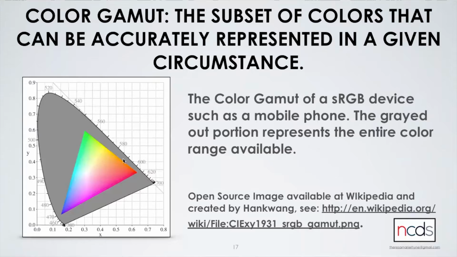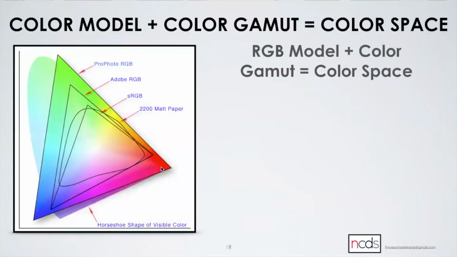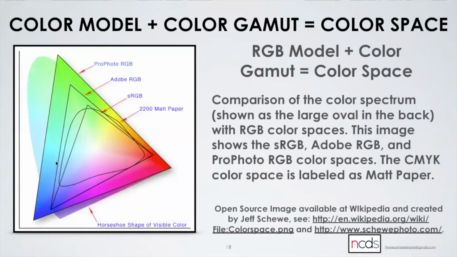And you can see this triangle represents what is called sRGB device space on a mobile phone. So we can look at several RGB spaces. Matte paper right in here would be the CMYK printing paper, and you see how it's outside the sRGB space, and you can see exactly that diagram I showed you earlier. This is what's being produced right across in here.